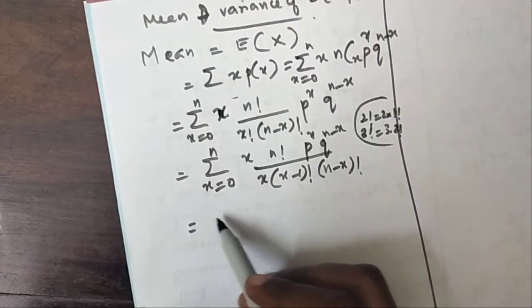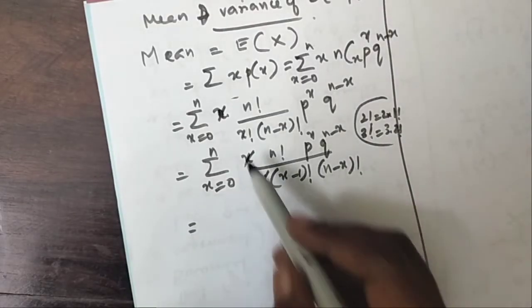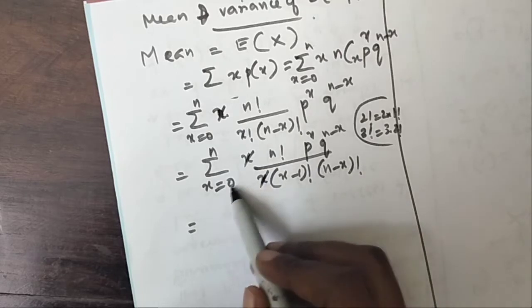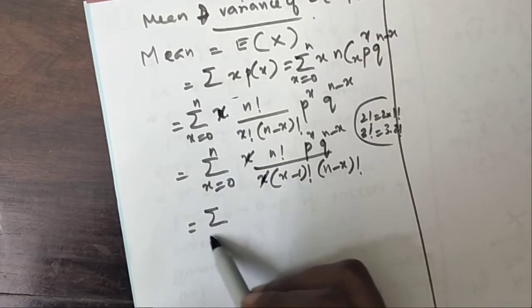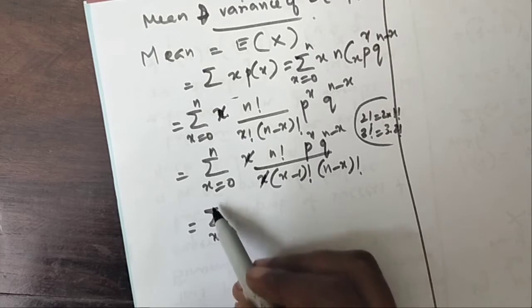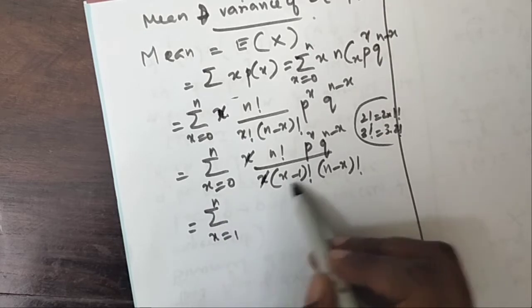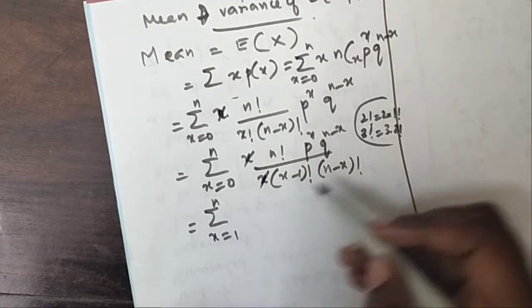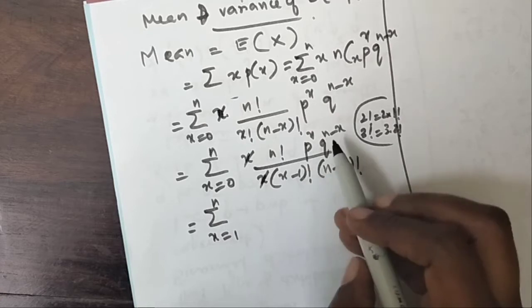Or it is, so now we can cancel this x so that x cannot vary from 0 to 1. So now x varies from 1 to n. Okay, because x minus 1 is the first one. So this is x minus 1.